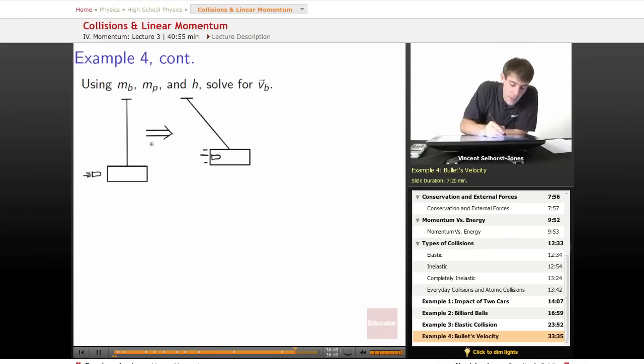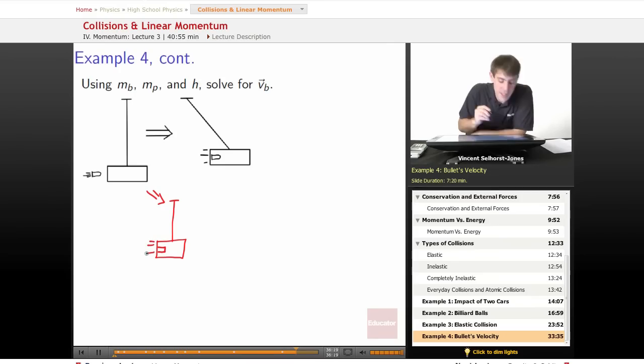So notice, if we break this into pieces, the bullet goes in, and at this moment, just after the collision occurs, before it's had the chance to start swinging up, momentum is conserved. So we'll have momentum initial equals momentum final.